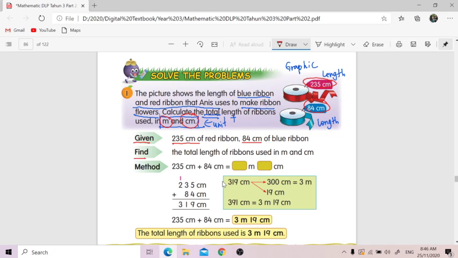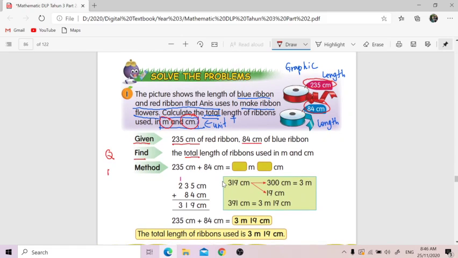Okay, find. Find ini adalah question. So what does the question ask you to do? Total. Method ini adalah mathematic sentence lah. So math sentence ni, okay, ambil nombor, take the number.